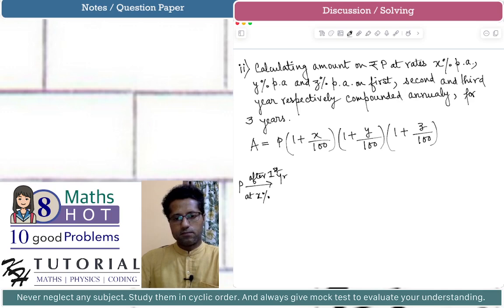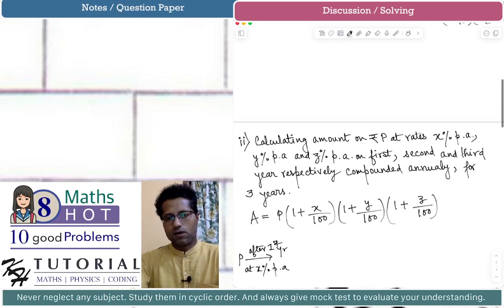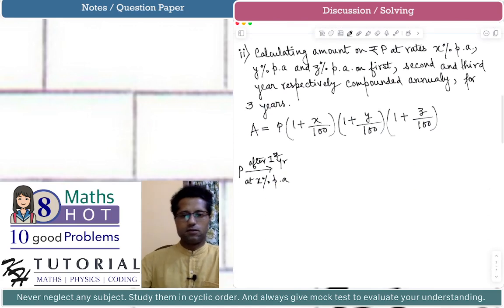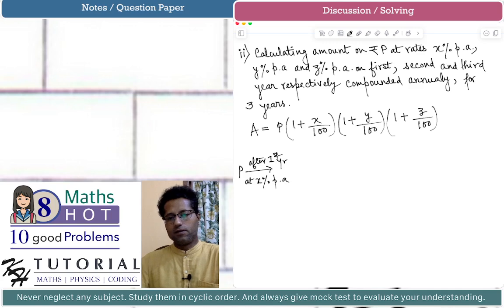at X% per annum, I will not write the calculation in detail. I will straight away write the result. We know that after 1 year on the principal P, at the rate X% per annum, the amount A1 will be equal to P multiplied by 1 plus X by 100, and definitely P1 will be equal to A1.